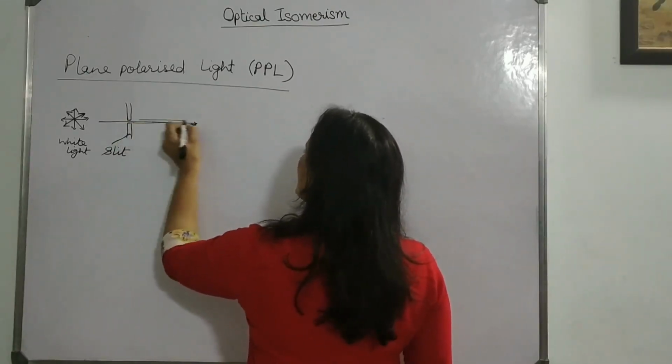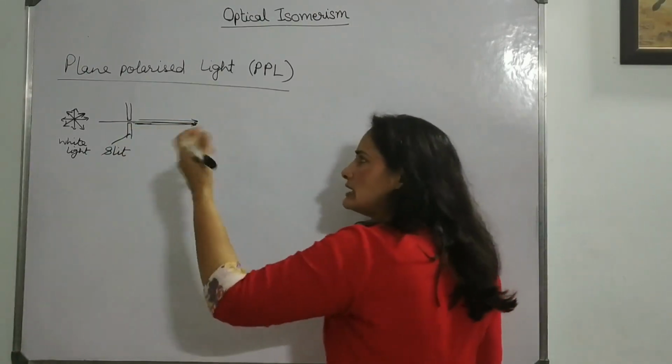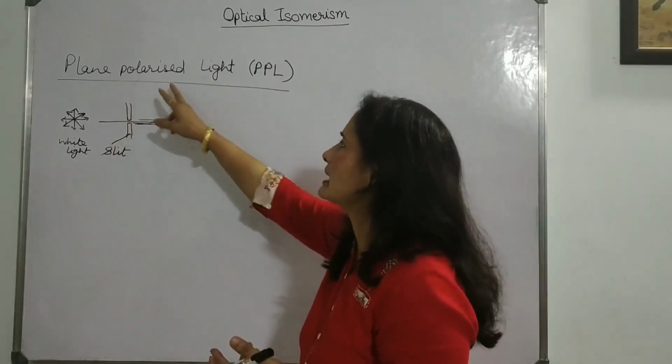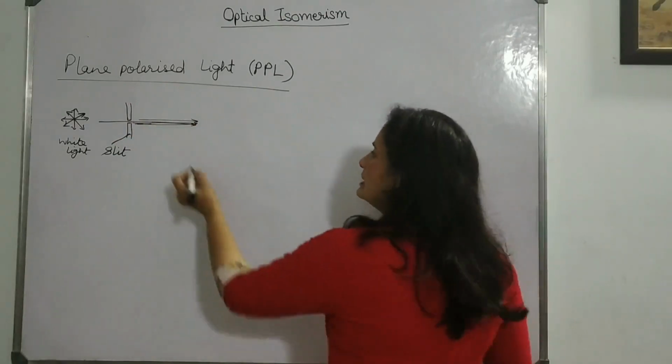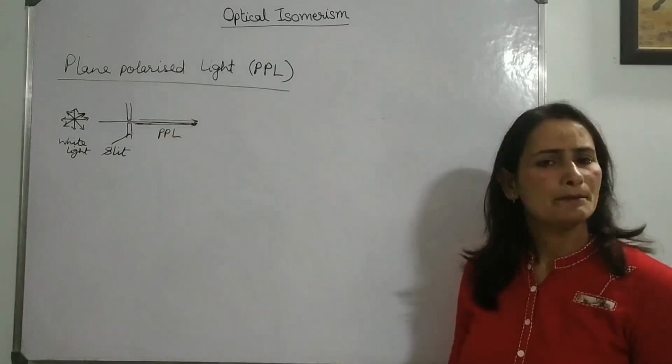Such light is called PPL because it has oscillations only in one plane. After passing through the slit, the light is called PPL.